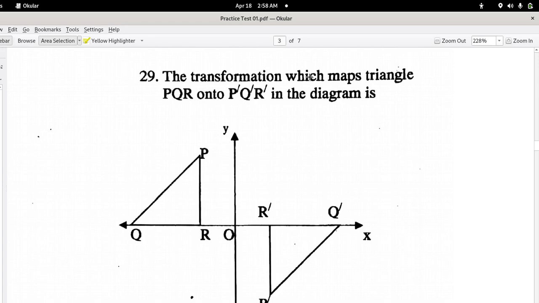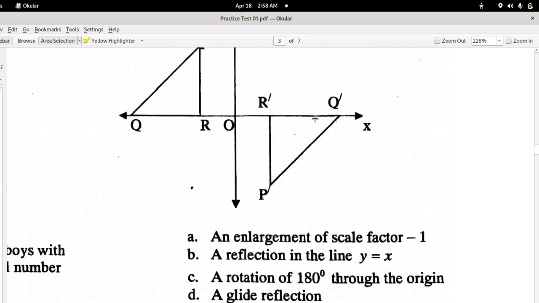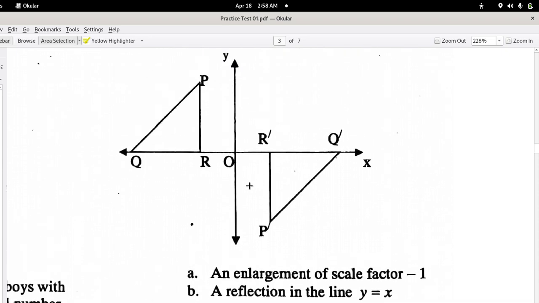The transformation which maps PQR onto P prime Q prime R prime in the diagram is, well, imagine what will happen for this triangle to go to this triangle.